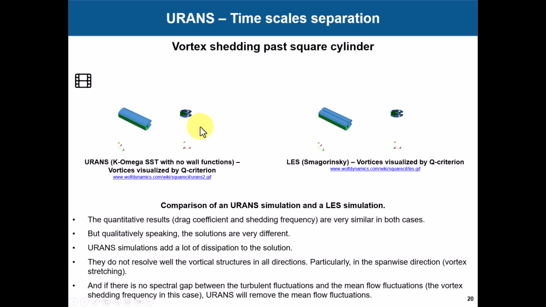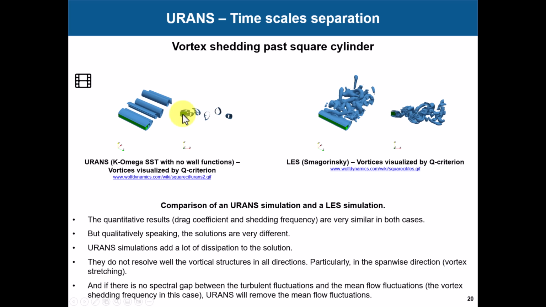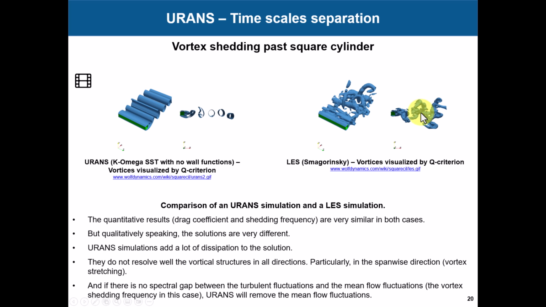Here it's much easier because you have that separation in that sharp angle. But look at that, when we use this LES model, this is the behavior. You have all the vortex stretching and so on, but with the RANS, the unsteady RANS, you have this.